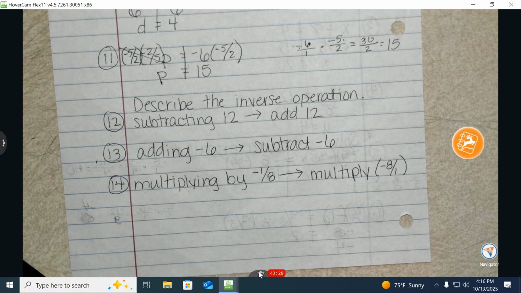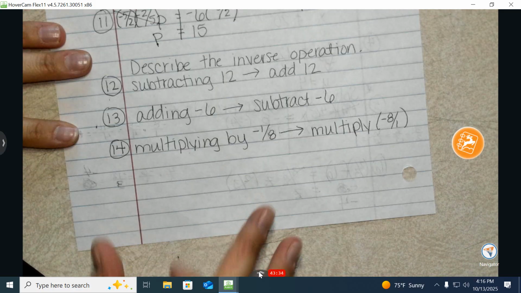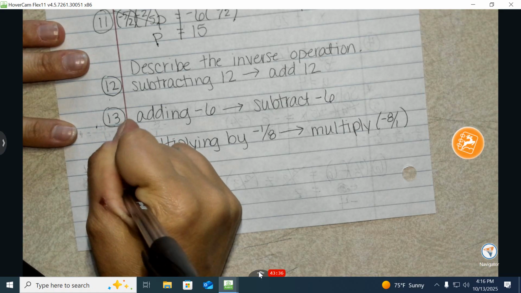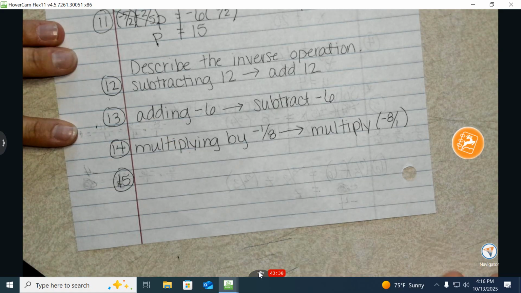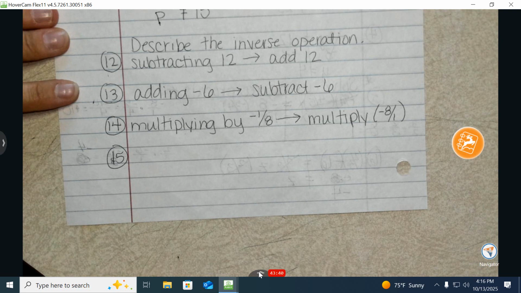Okay, we're going to do a couple where we have the word problem and you create the equation and solve it. So we're not just describing the inverse operation, we're actually going to create the equation and solve it.